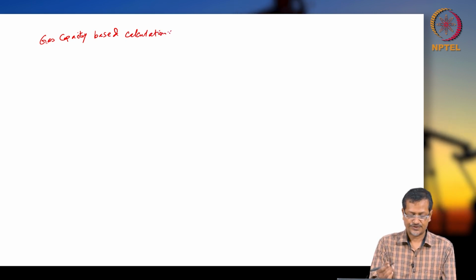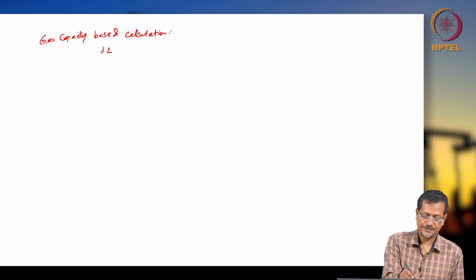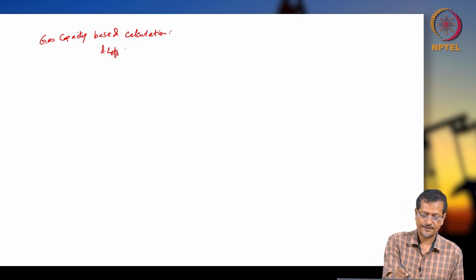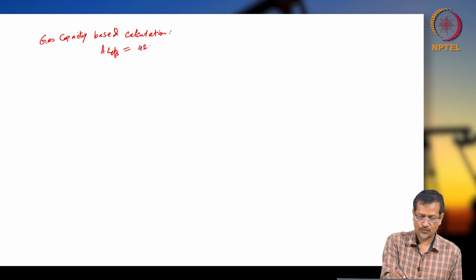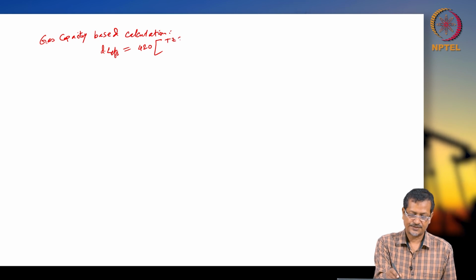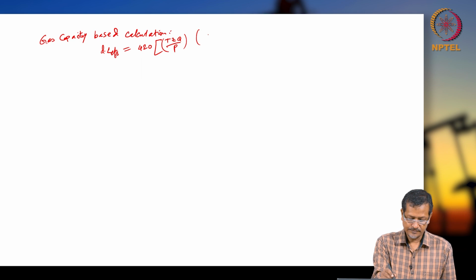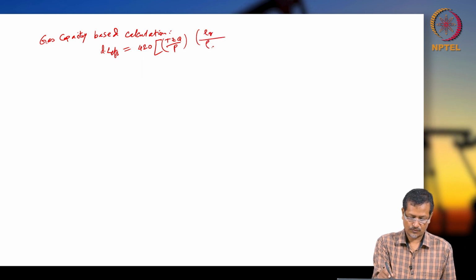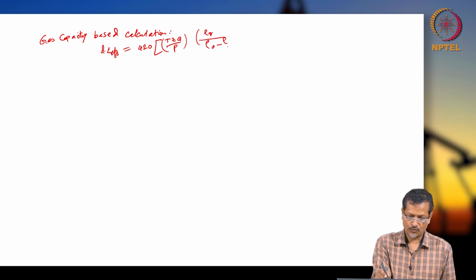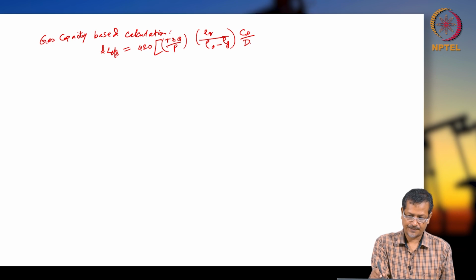Okay, in previous lectures we have seen this formula: D effective length equals 420, which you can remember as TZQ by P, rho G by rho L minus rho G, CD by dm, power half.